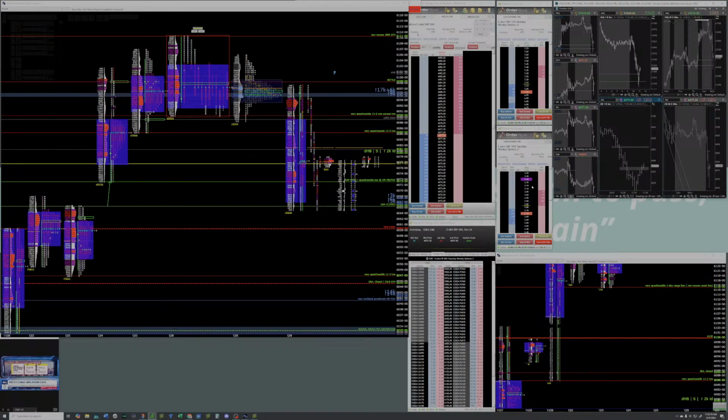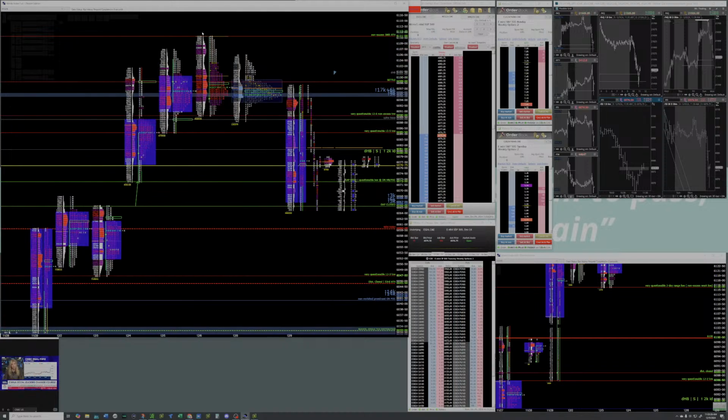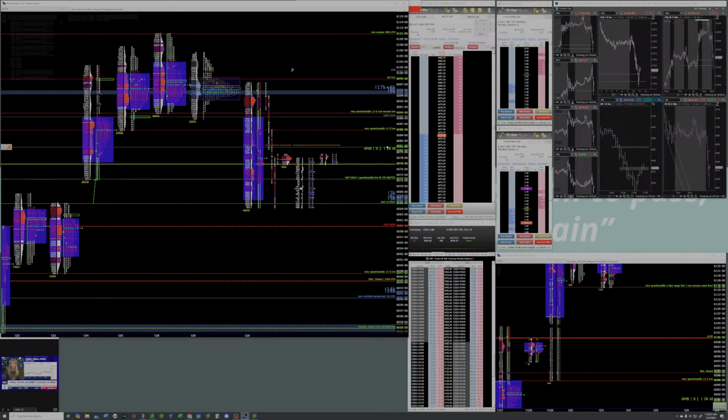Now, how much higher can this rally be? I have been trading to the downside since this day here, I believe. And all I was trading was a 60-80 put, and today was no different.